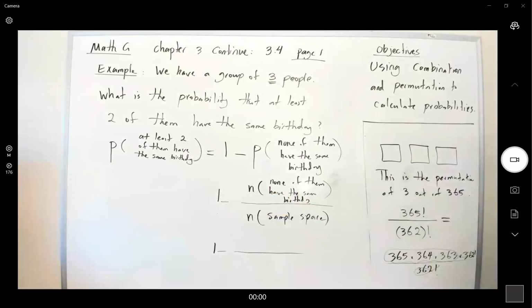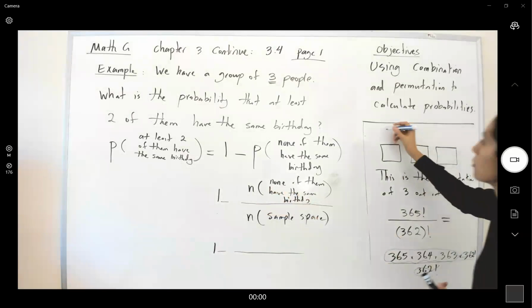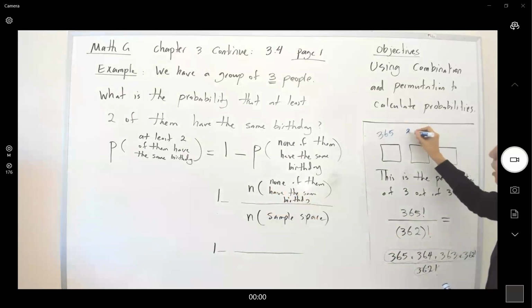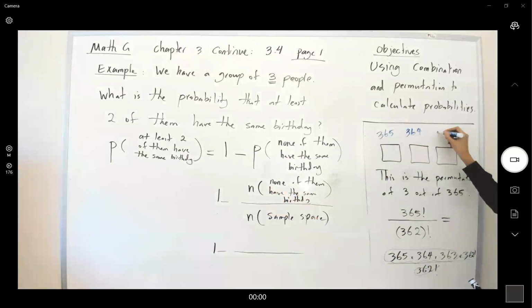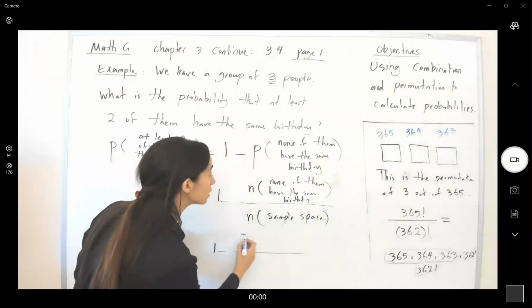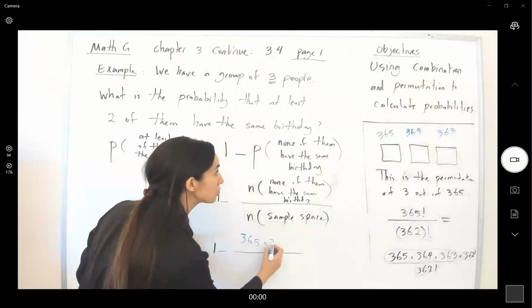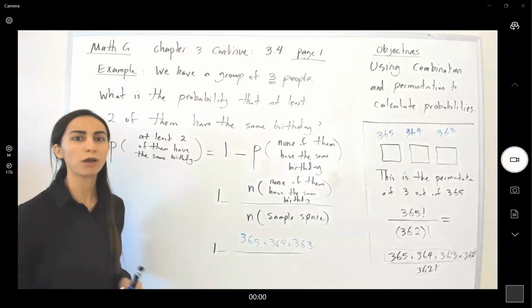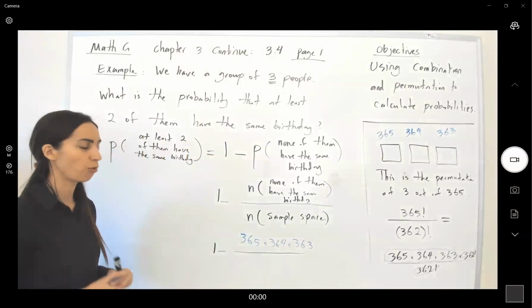We could say that for the first place, I have 365 options. For the second one, I have 364 options. For the last one, I have 363 options. I multiply them based on the fundamental principle of counting. It's multiplication. So on the numerator, you get 365 times 364 times 363, divided by what?